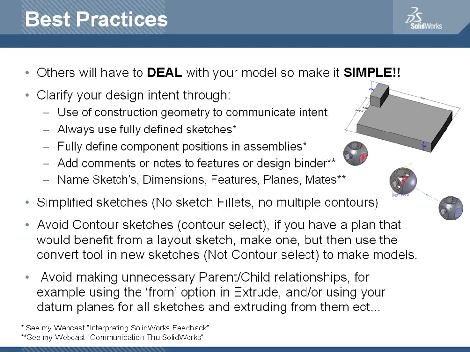What that means is if I have a square and a circle inside that square, that's a multiple contour. You want to avoid stuff like that. If you have a part that would benefit from a multiple contour sketch, then you'd rather use that as a layout sketch. Layout sketches are nice, and they do allow for great ease of changes.